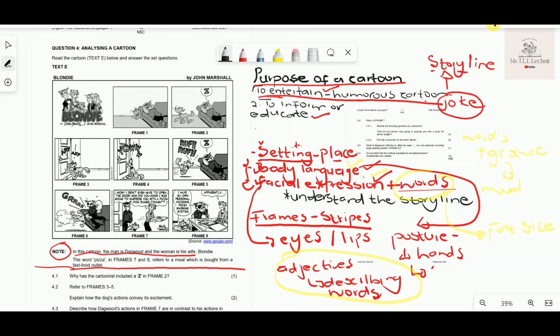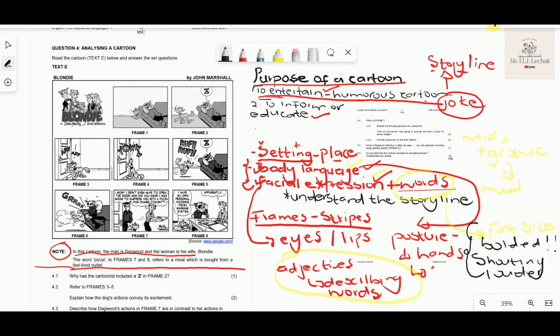If the words are bolded, with exclamation marks or question marks, it is to show that the character is shouting or saying the words louder. So when you answer, your answers must not be rooted on only one aspect such as facial expression. Check the face of the character, check the body language of the character, as well as study the words of the characters.